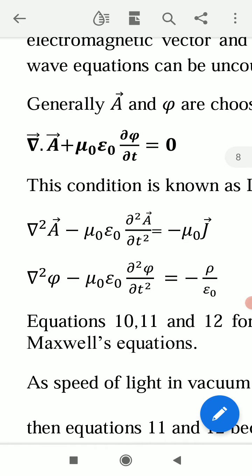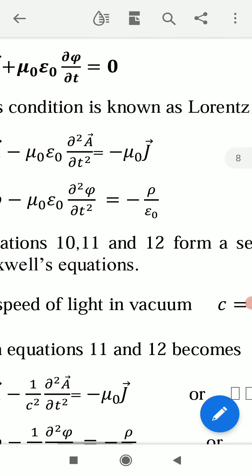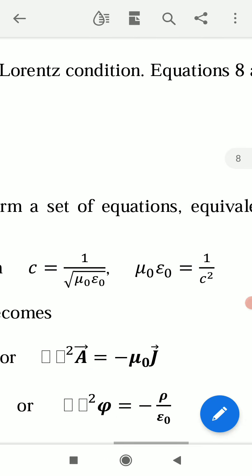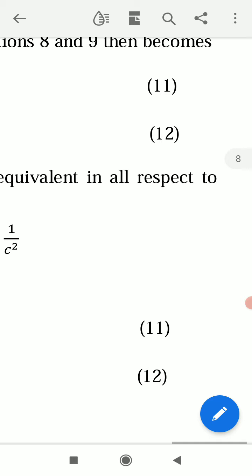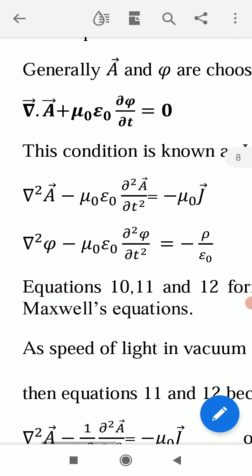have this form: del square A minus mu 0 epsilon 0 d2 A upon dt square equal to minus mu 0 j, and del square phi minus mu 0 epsilon 0 d2 phi upon dt square equal to minus rho upon epsilon 0. Equations 10, 11 and 12 form a set of equations equivalent in all respects to Maxwell's equations.